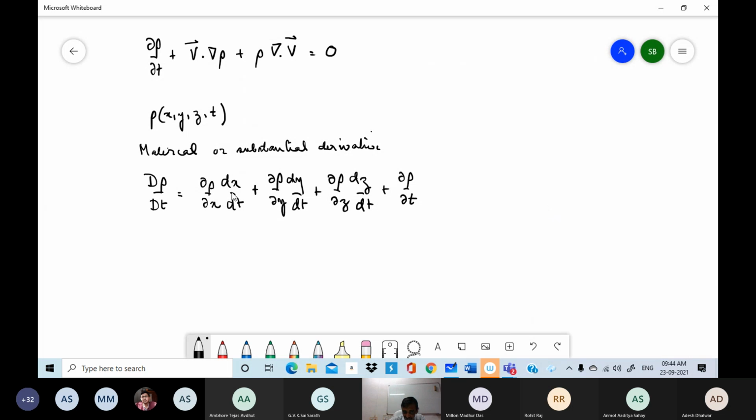Now, since I'm following the material, the rate of change of x with respect to time must be the velocity at that point.